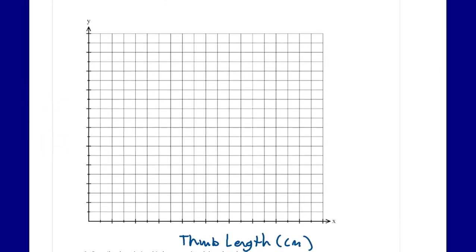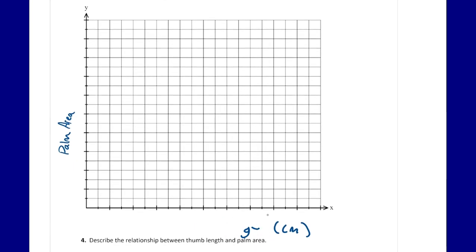Again, palm area on the Y and thumb length on the X. Ideally, when you do this, you would want to get a wide range of age groups involved, because if you're collecting data from a lot of people of a similar age, you might think that the hand size is generally going to be the same.